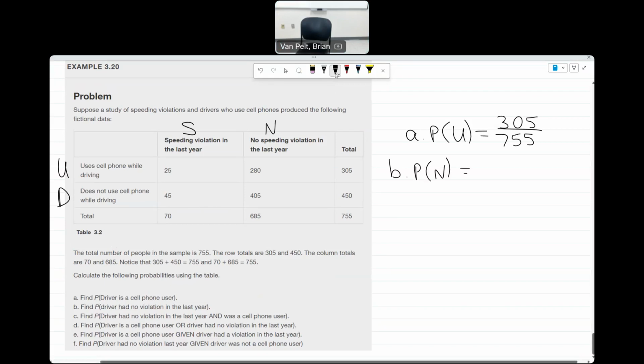What's the probability of an N? How many N's are there? 685, out of a total of 755.